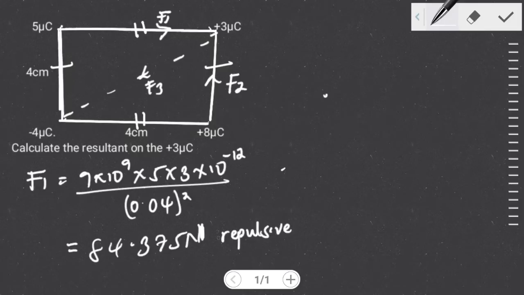Let's put here in brackets, let this one be to the right.